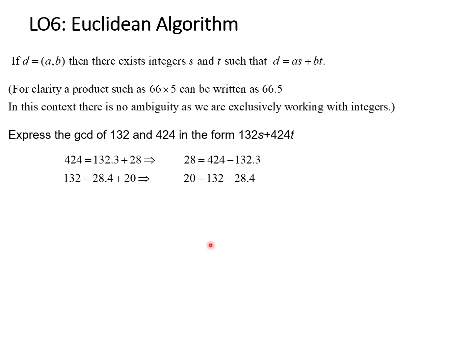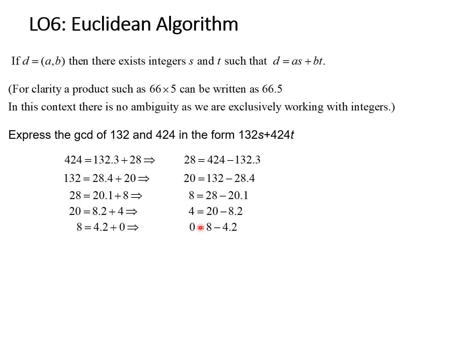Okay, and then same goes for the next line. Same goes for the coming line, 8 becomes the subject, and the same goes for the second last line, and also the last line. 0 equals 8 minus 4 multiplied by 2. So once you get that, now you have to work out and identify the s and the t.